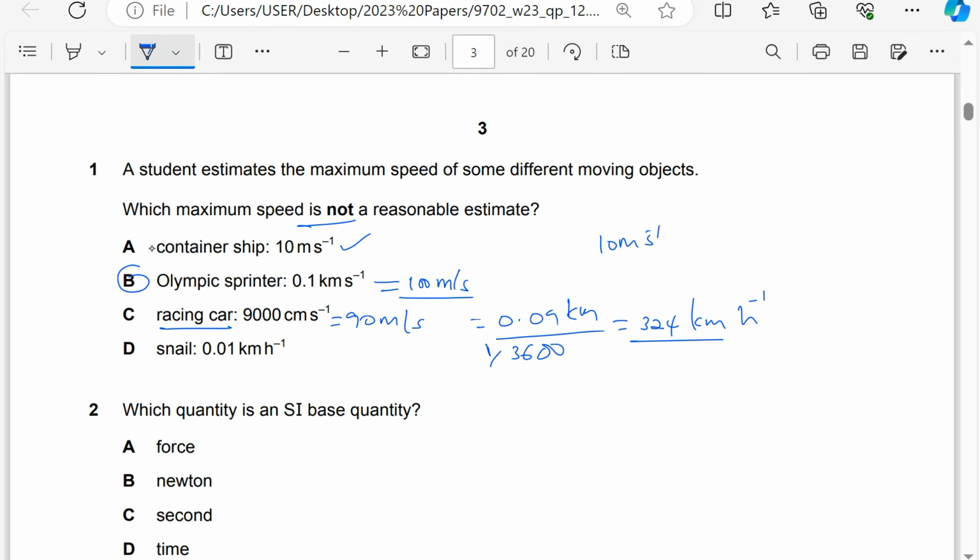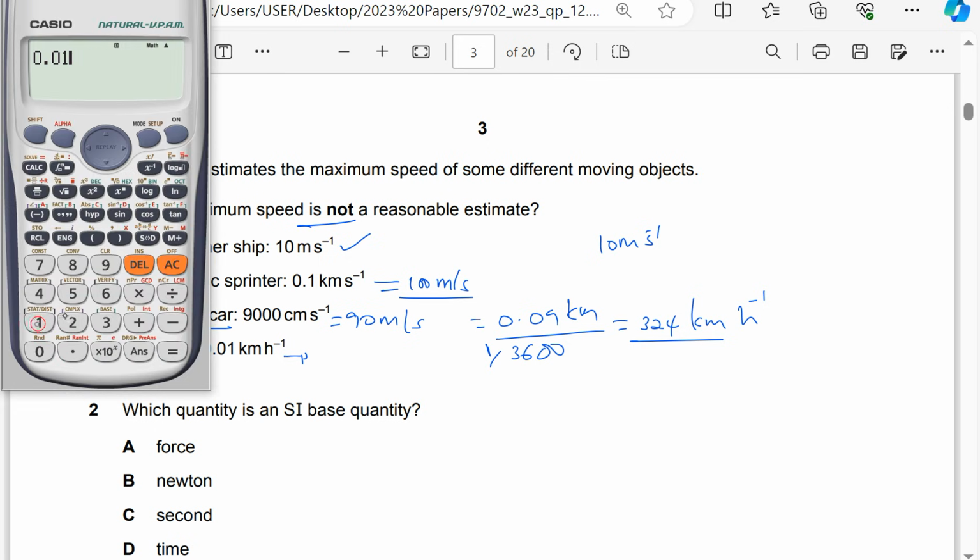So that makes sense. The speed of a snail is 0.01 kilometers per hour. I multiply by 1,000 to make it reasonable. So I'll say 0.01 times 1,000, 10 divided by 1 kilometer, which is 3,600.